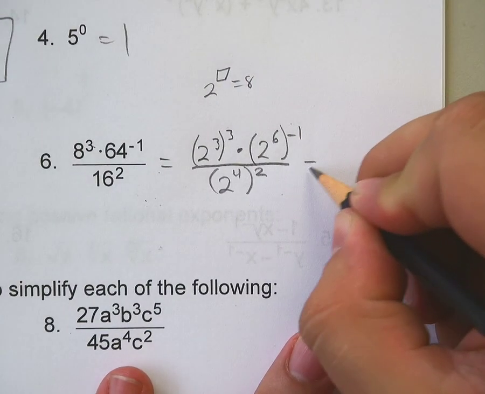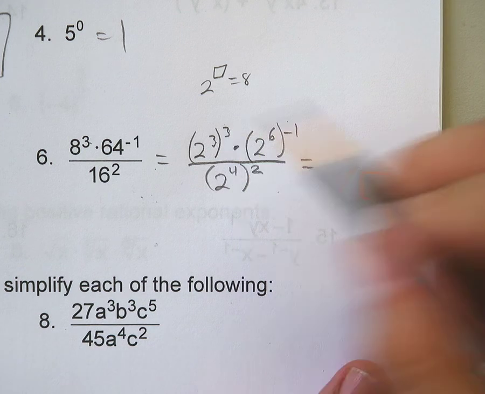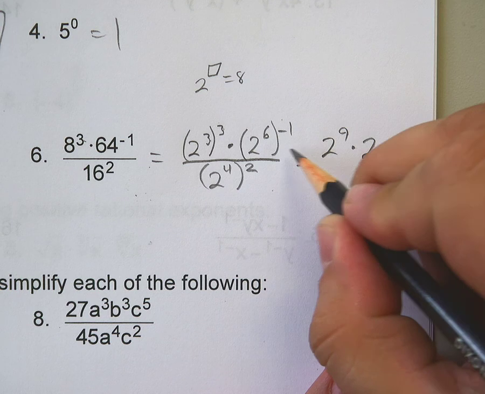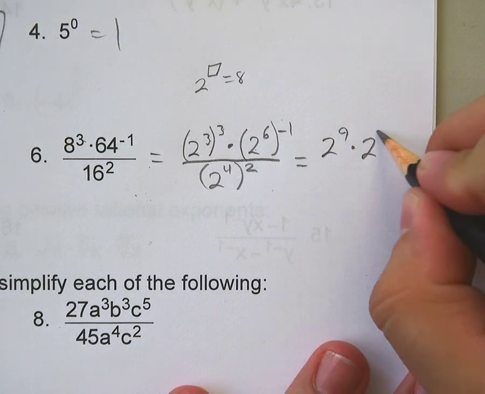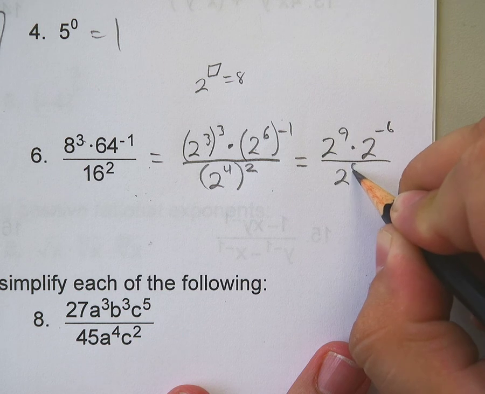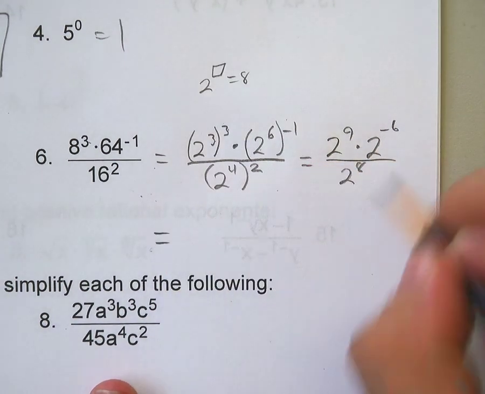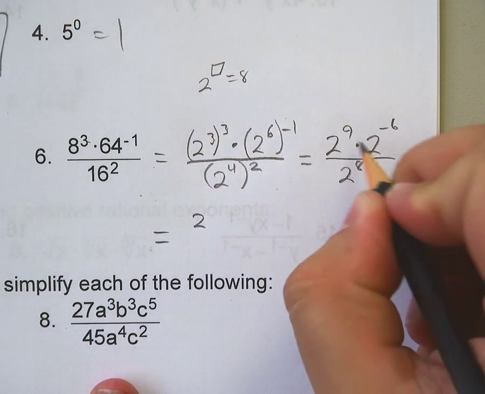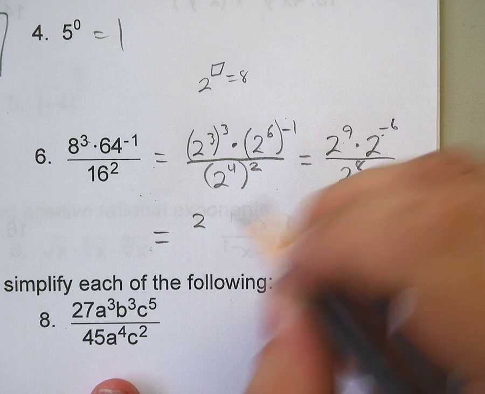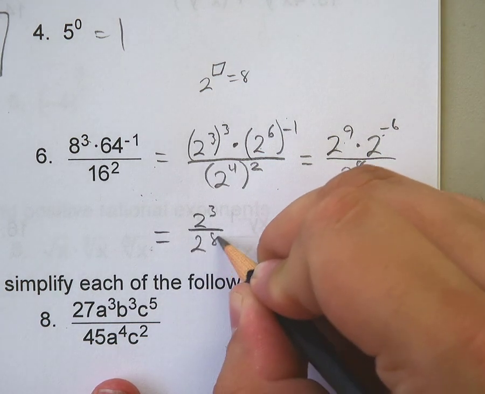Now what that lets me do here, 3 times 3, that's going to be 2 to the 9th, times 2 to the 6 times negative 1 is negative 6, over 2 to the 8th, which is going to be 2, and now since you're multiplying bases, you can add your exponents together. 9 minus 6 is 3, over 2 to the 8.